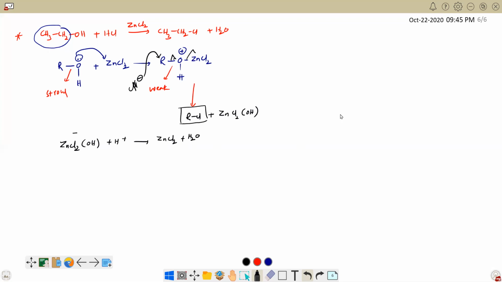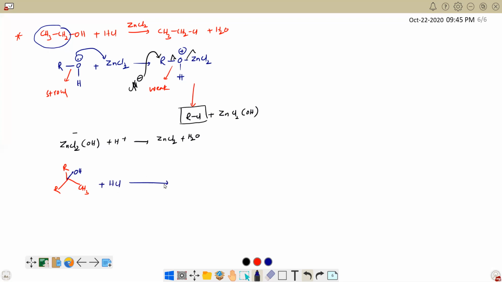Yes, sir. So this is one process. If you take here even a 3-degree alcohol, say R, CH3 and OH, and suppose HCl is there.